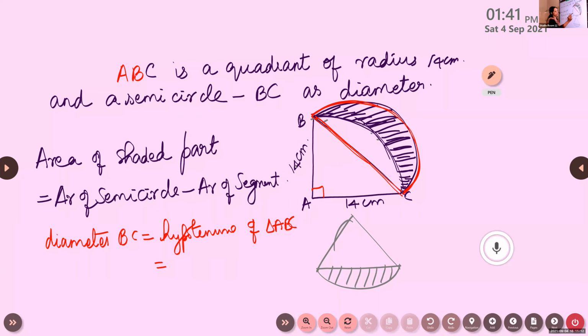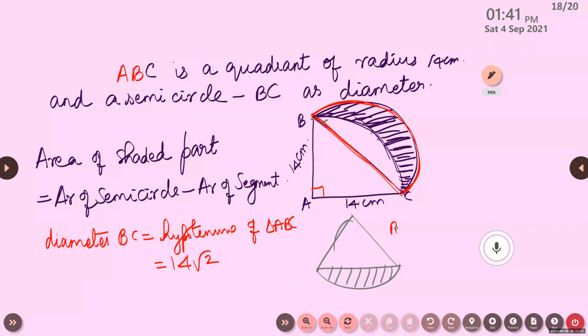So what will be the hypotenuse BC? This side is 14. This side is 14. If the side of the square is a, the diagonal is a root 2. So the hypotenuse will be 14 root 2.